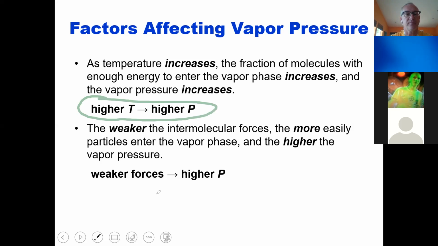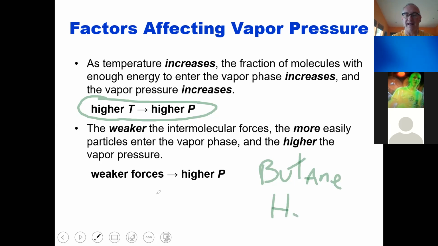And so the weaker those forces are between them, the less energy it takes to break those interactions and get them moving quickly, so the more easily those particles enter the vapor phase. As I just mentioned, butane is a gas at room temperature. Those molecules are held together weakly and they move quickly.